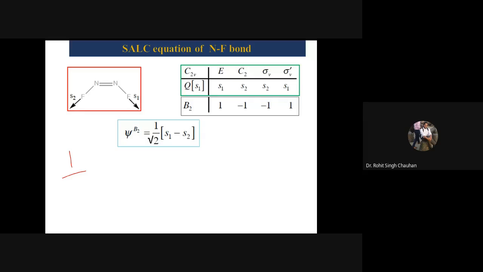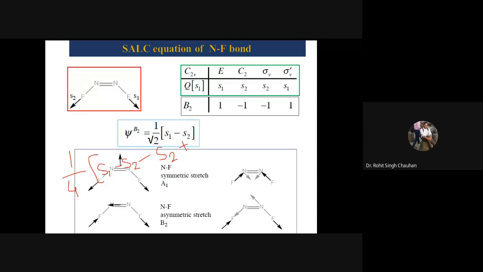That is 1 upon 4, in bracket, S1, then minus S2, then again minus S2, then S1. If you solve it, it will be 2S1 minus 2S2. So again 1 by 2, S1 minus S2. But since I am writing the SALC, I am writing 1 by root 2, S1 minus S2.